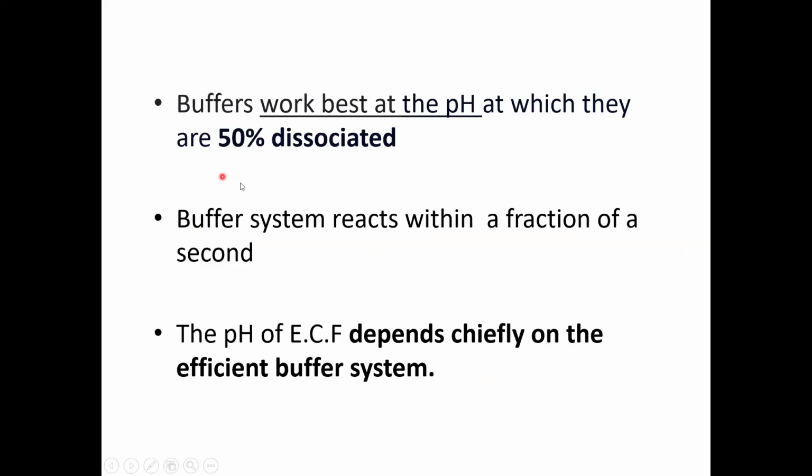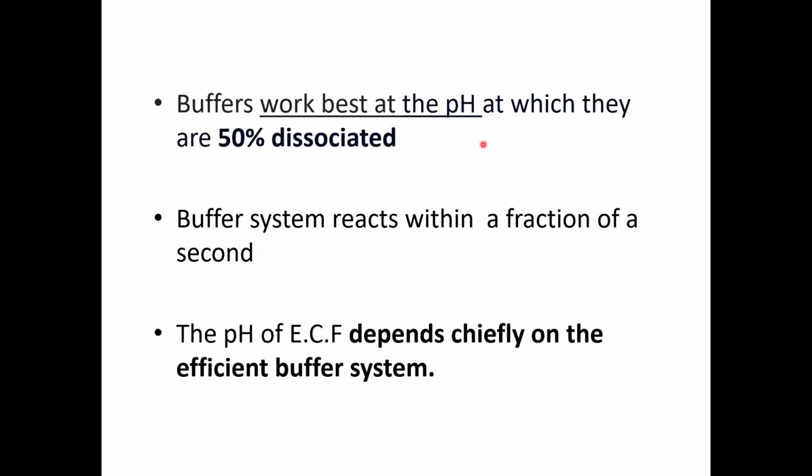Because buffers are made up of a weak acid and its conjugate base, they only partially dissociate. So they work best at the pH at which they are 50% dissociated. Why are buffers not made up of strong acids and bases? Because we have already done in the slides in the beginning that strong acids and bases dissociate completely.